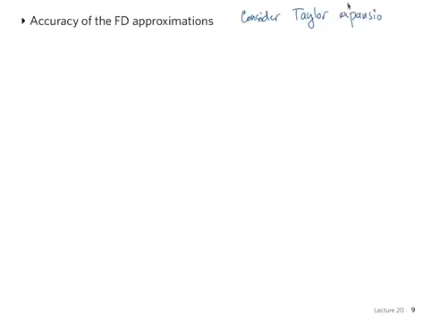Taylor expansion, we're working in just one dimension, and so it should be okay. Consider the Taylor expansion of u of x in the vicinity of point x_i.